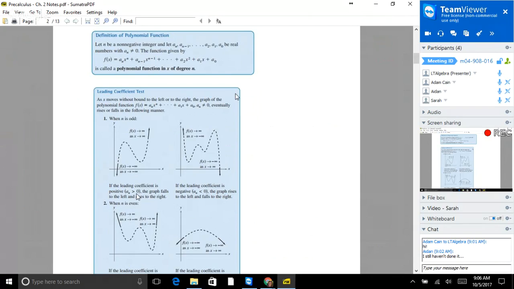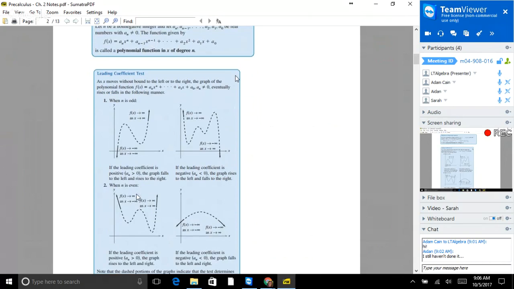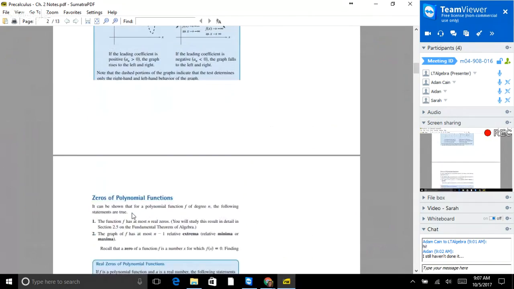The same goes when you have x to the 2nd, x to the 4th, or x to the 6th power. When your n, this n up here, is even, then you're either going to both rise or both fall. And that also depends on whether the leading coefficient is positive or negative. So that's a quick review of where we were.